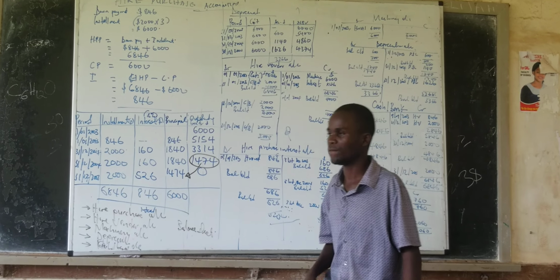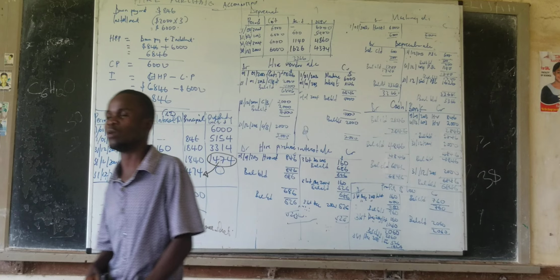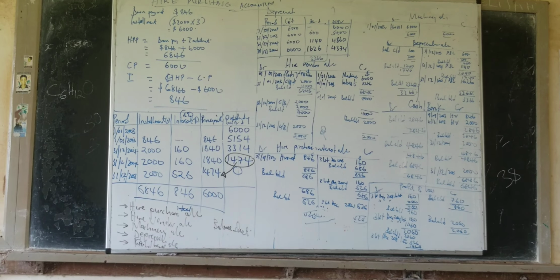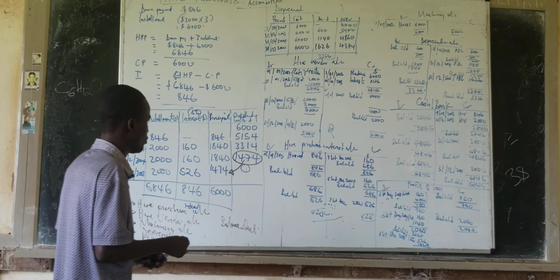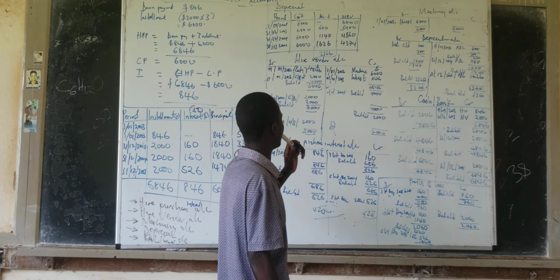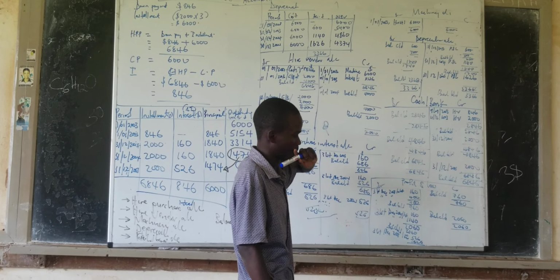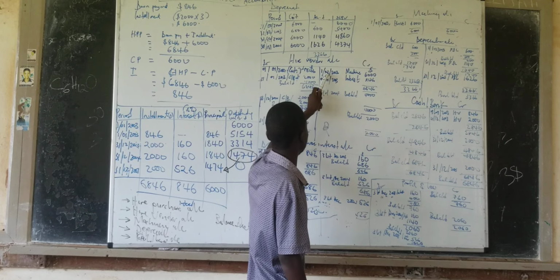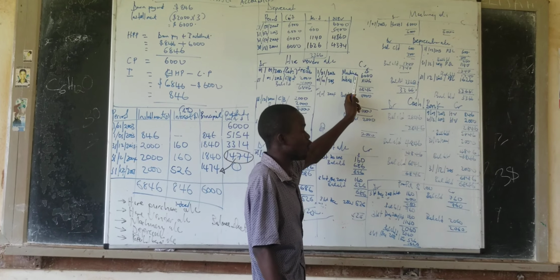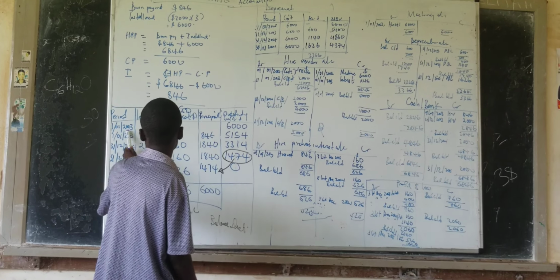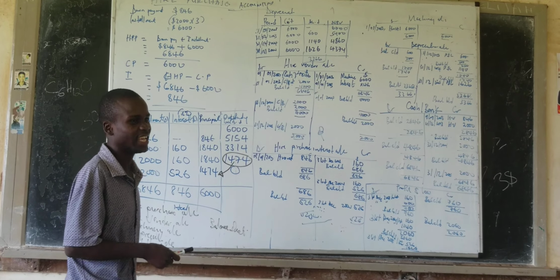The hire vendor account. This is an account of the seller. So, how do you prepare the hire vendor account? We are seeing that on 1st January 2003, he bought a machine. You get this from here. The hire vendor, or the seller, sold the machine.